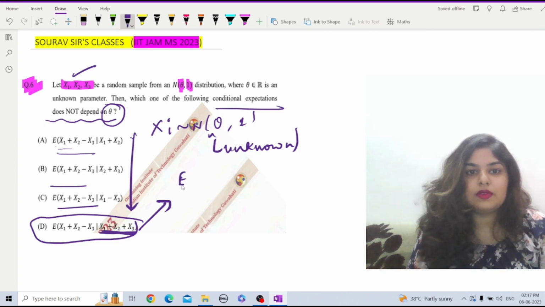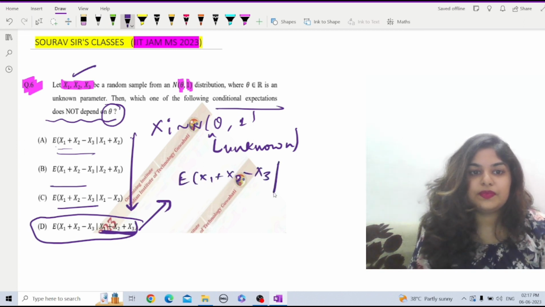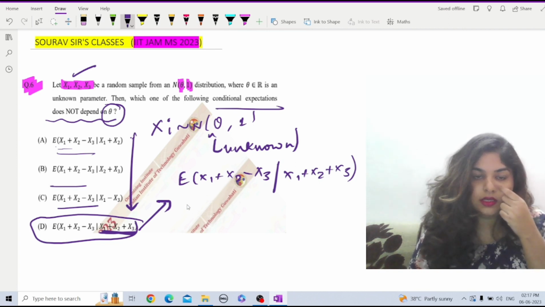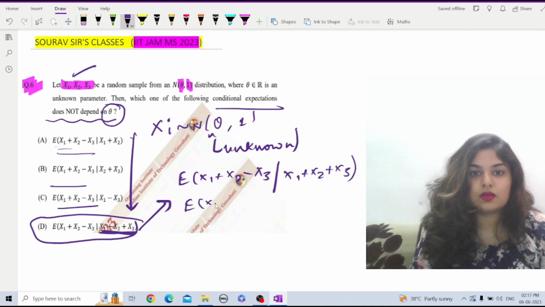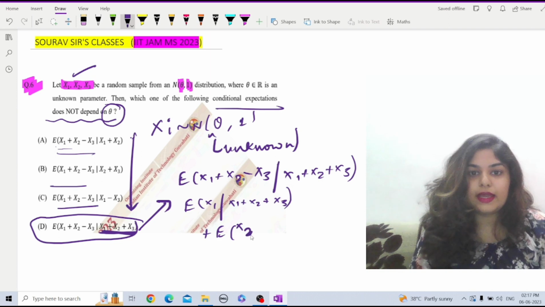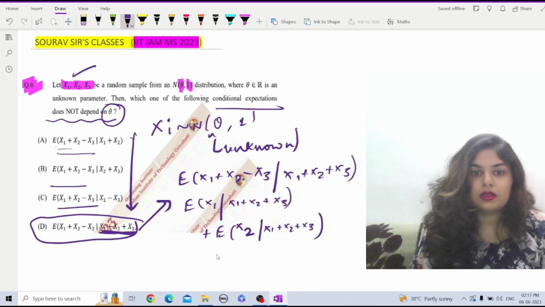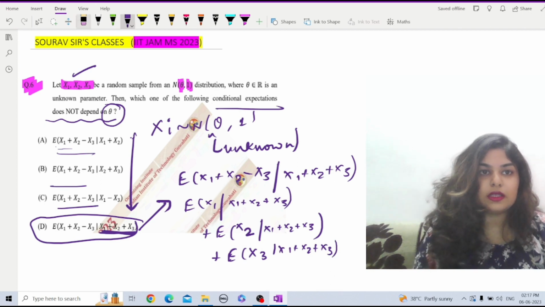Now this is given that E of X1 plus X2 minus X3 given X1 plus X2 plus X3, and now these are all independent, so we can write this as E of X1 given X1 plus X2 plus X3 plus E of X2 given X1 plus X2 plus X3 minus E of X3 given X1 plus X2 plus X3.